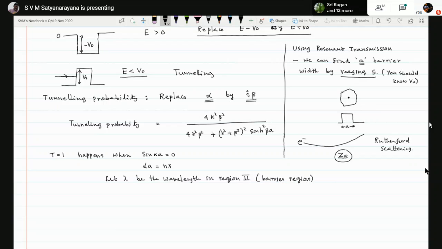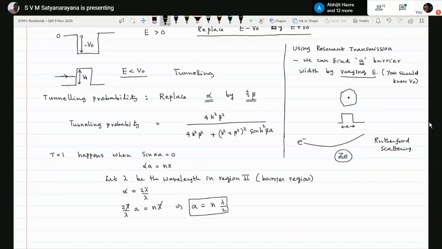So we can write this alpha to be 2 pi by lambda, correct? So we have 2 pi by lambda into a is equal to n pi. Let's cancel this pi. In other words, a is equal to n times lambda by 2.